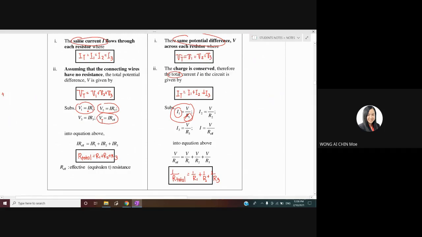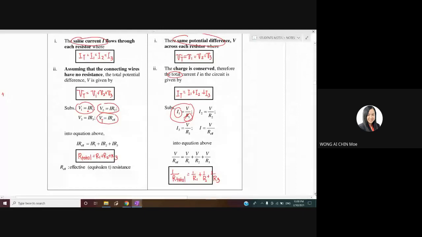The resistance for a parallel circuit is 1 over R total equals 1 over R1 plus 1 over R2 plus 1 over R3. So these are the equations for resistors connected in series and also parallel.